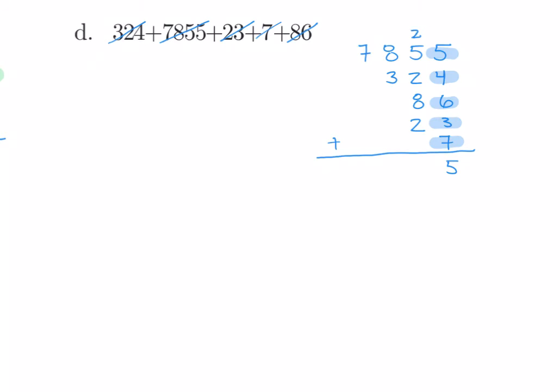All right, same thing on the next column. I have 8 and 2 add to 10. 2 and 5 add to 7, and 2 add to 9. So we have a total of 19.